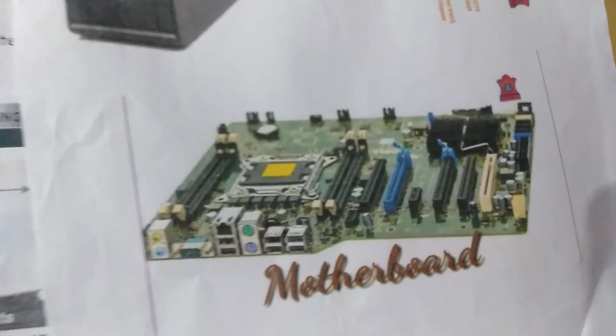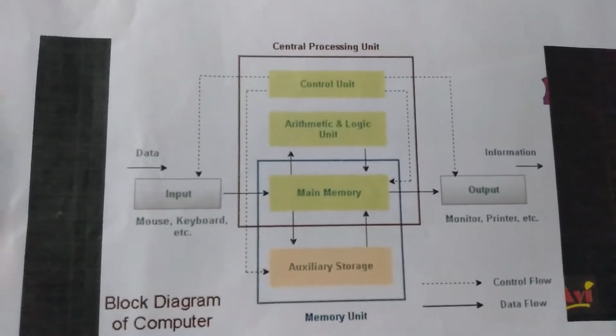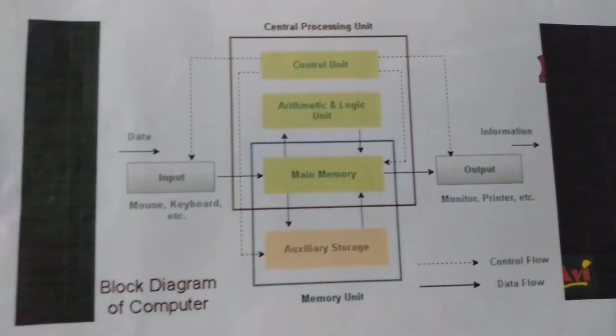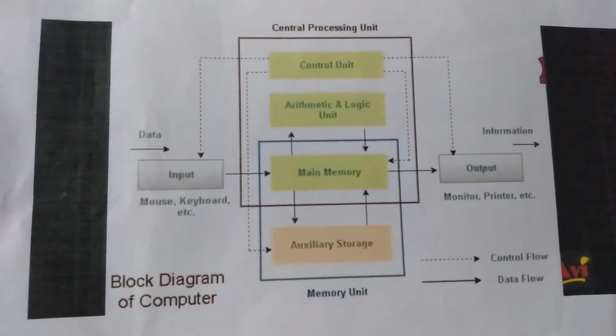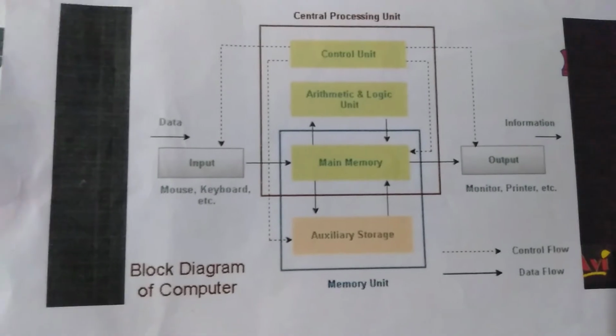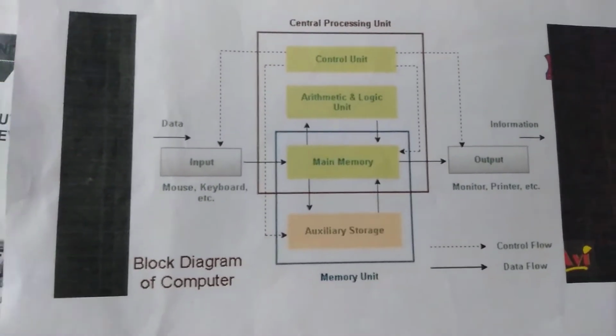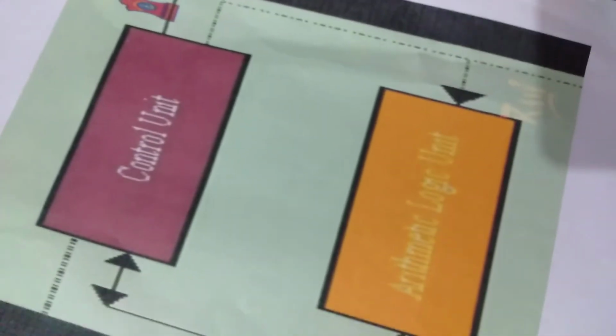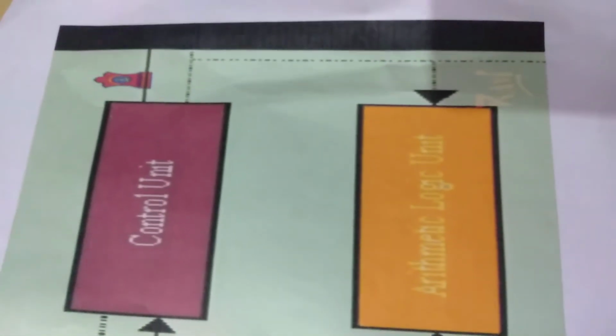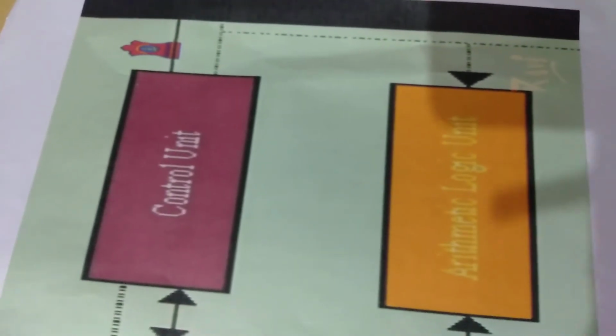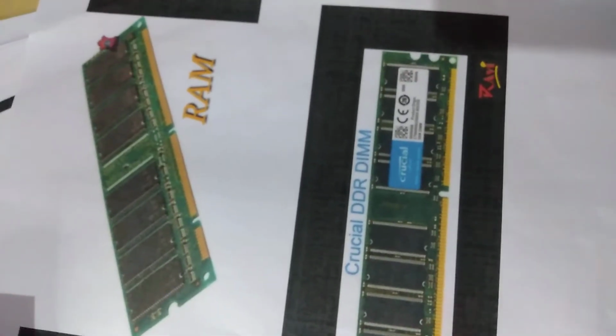This is the function of CPU, and this is the part of CPU. This is the speed of CPU. It is counted in megahertz and gigahertz. This is RAM.